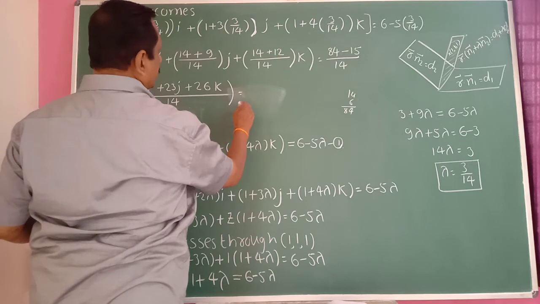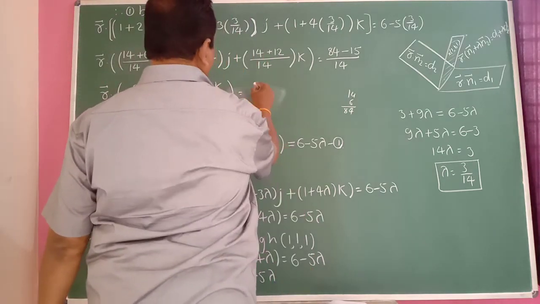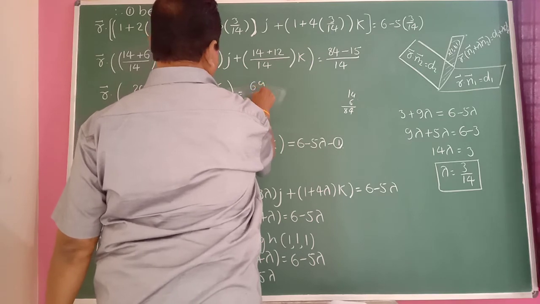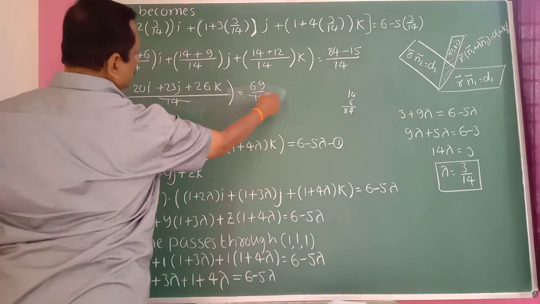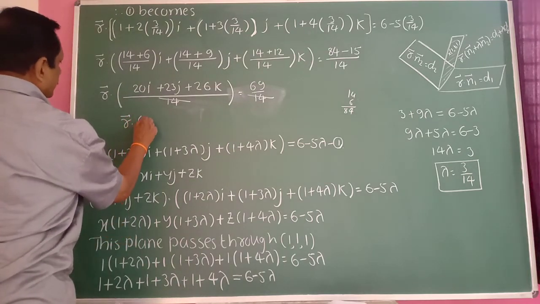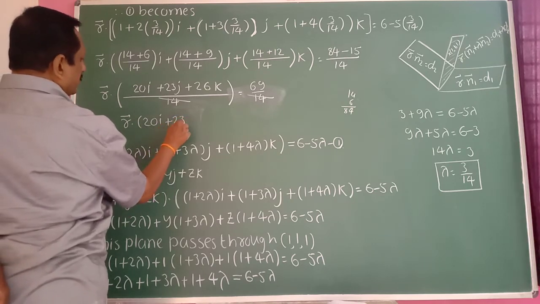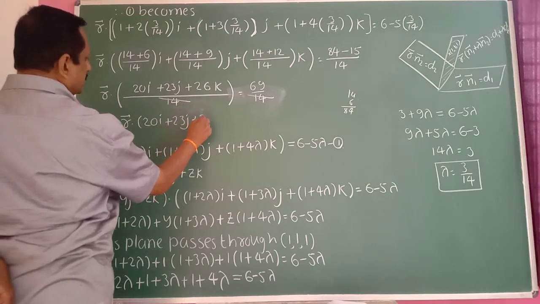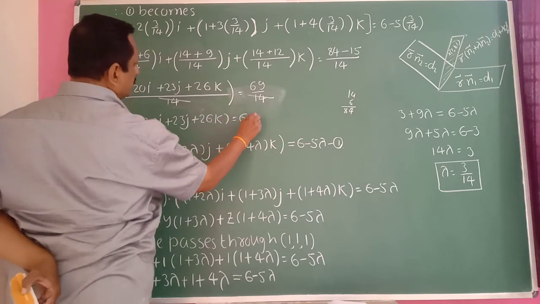Then this is equal to 84 minus 15, which is 69, divided by 14. This 14 and this 14 get cancelled. So r bar dot of 20i plus 23j plus 26k is equal to 69.